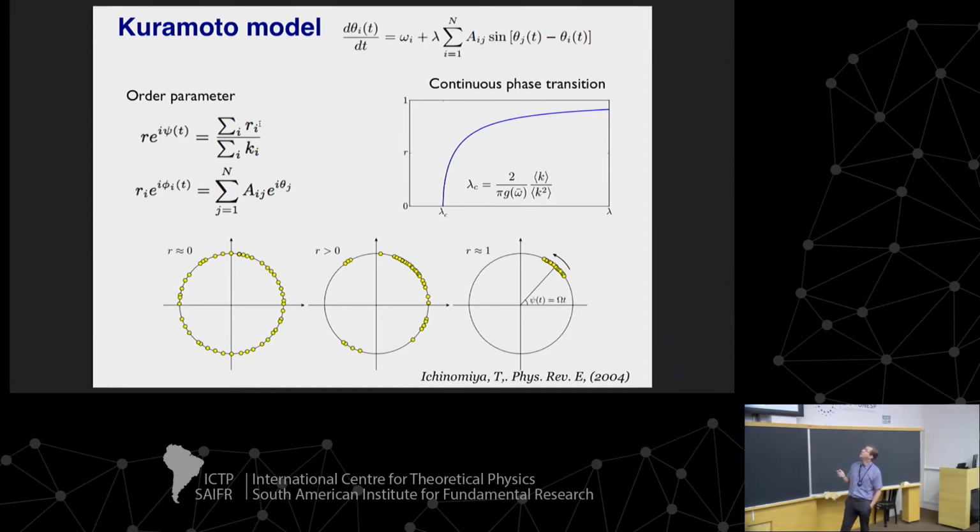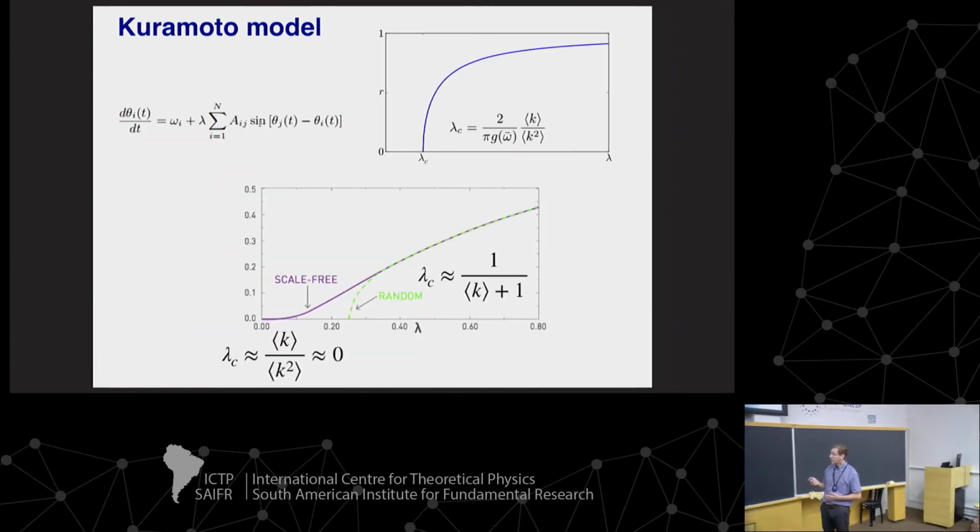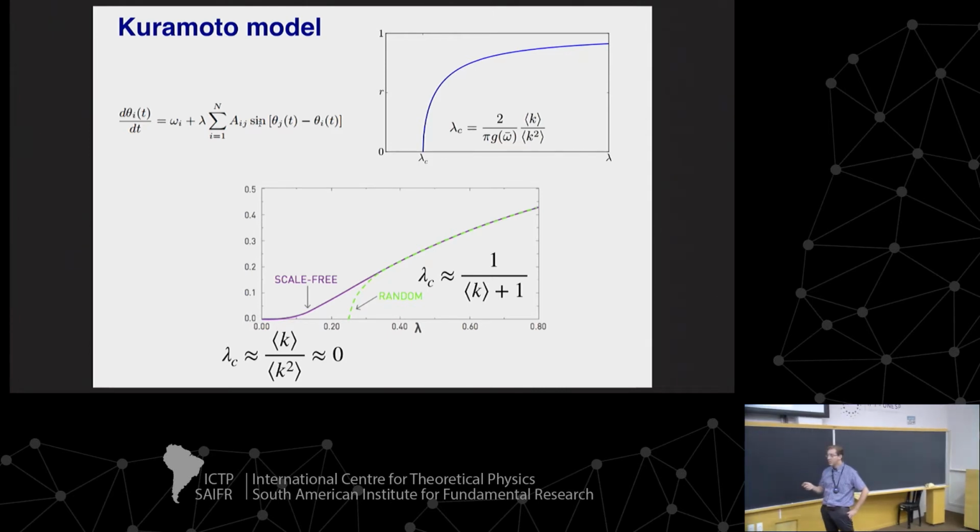And by solving this equation by using mean field, for instance, we can show that this critical threshold depends on the network structure. It depends on the average degree and also depends on the second moment of the degree distribution. So if you have a network which is more heterogeneous, then this parameter is smaller, okay? Particularly for scale-free networks, the second moment of the degree distribution will diverge.